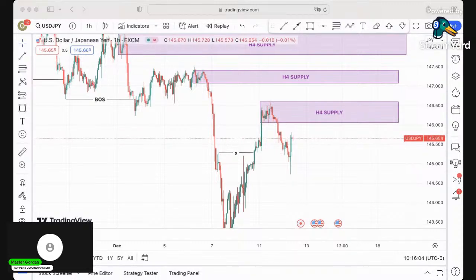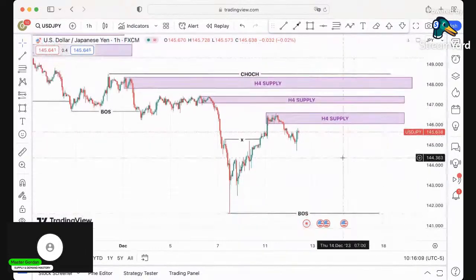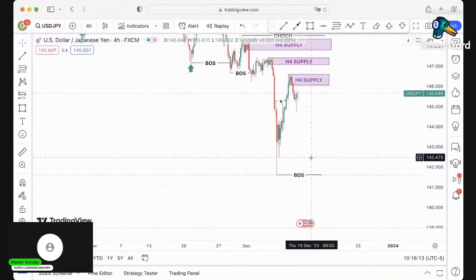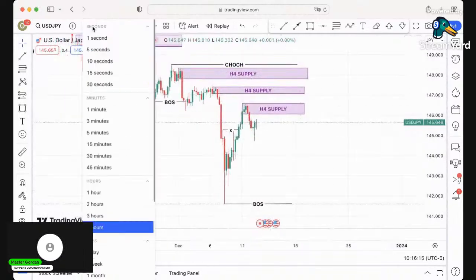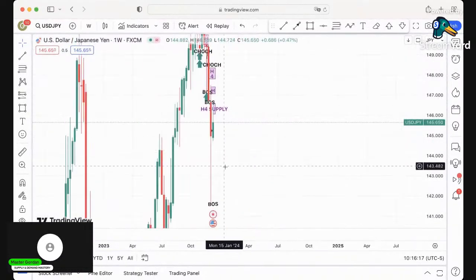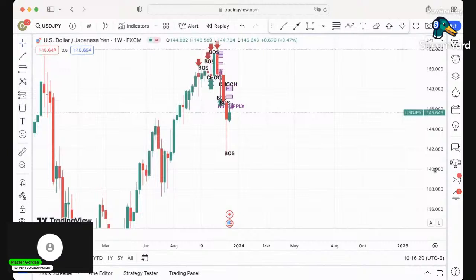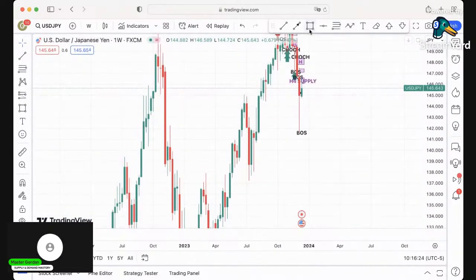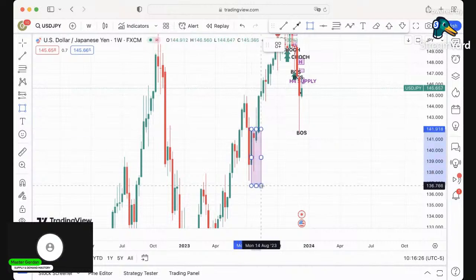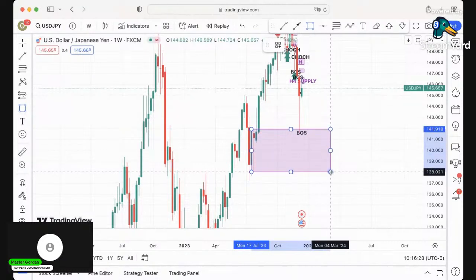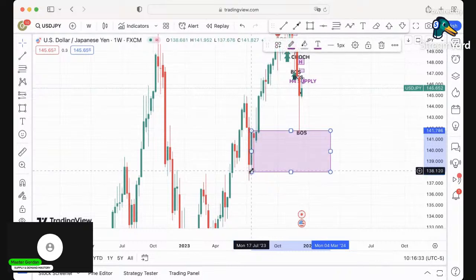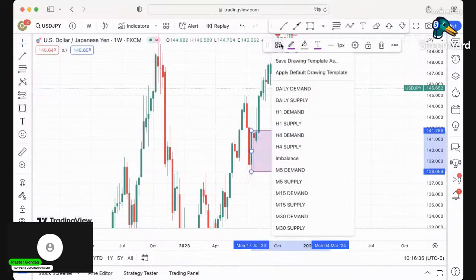We swung by UJ since last week, from the bottom zone right here. Last week, from this weekly demand. Why?